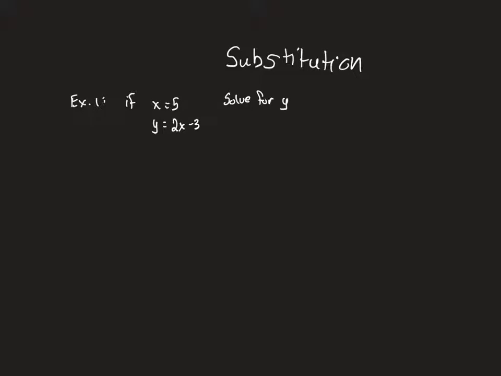Well, I'm telling you here that x is equal to 5. So your first thing you should do is sub x is equal to 5 into y is equal to 2x minus 3. So basically, where you see the x, this now becomes 5.